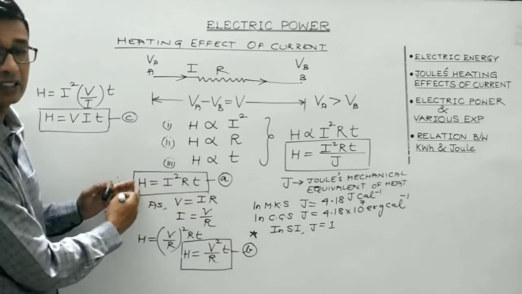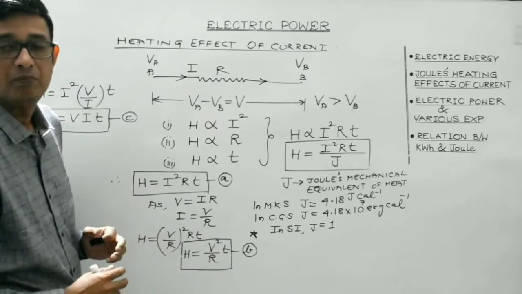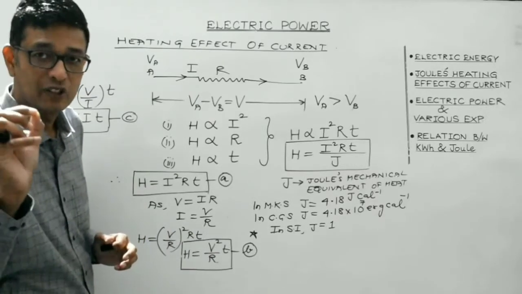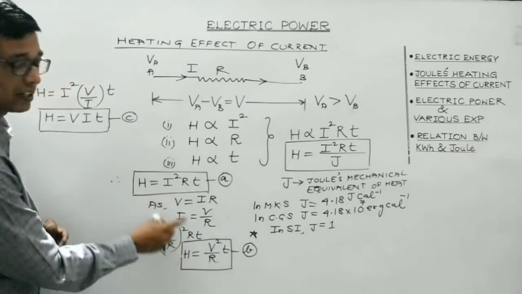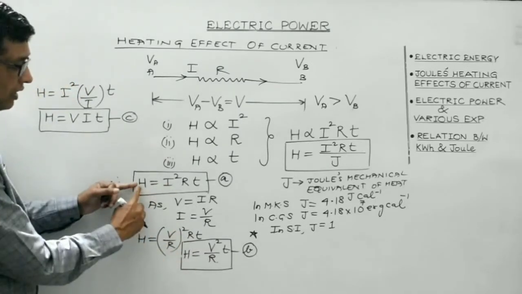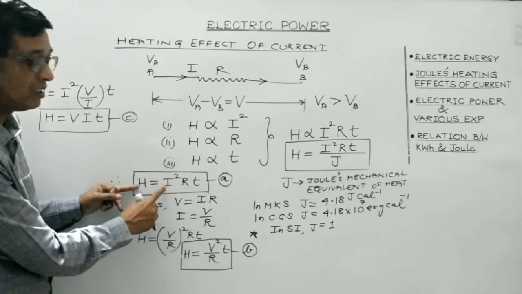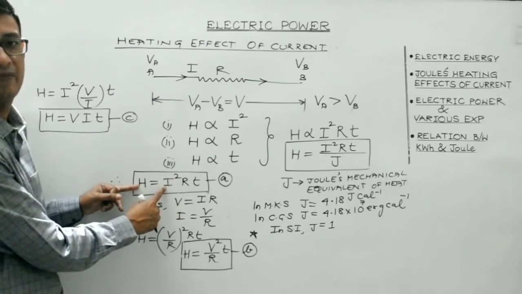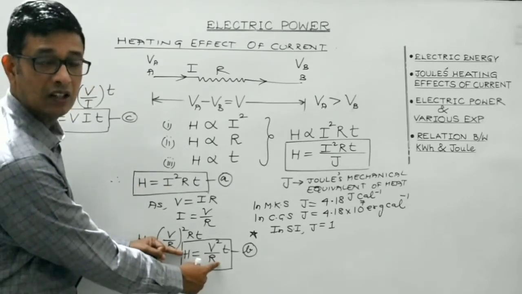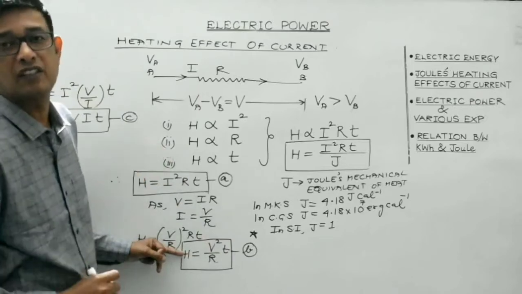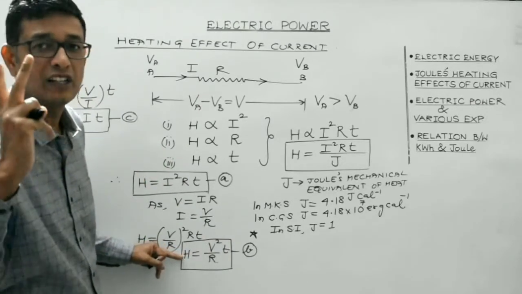But students, keep this in your mind, and it should be crystal clear to you that they are not contradicting each other. Actually, H would be directly proportional to R only when current is constant. And H would be inversely proportional to R only when potential difference is constant. So these are two very, very important key points.